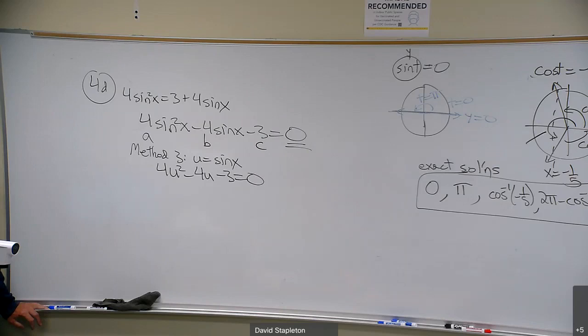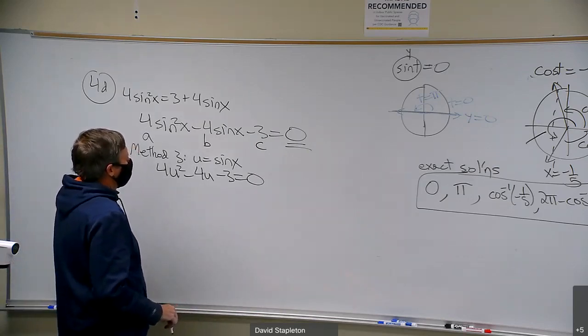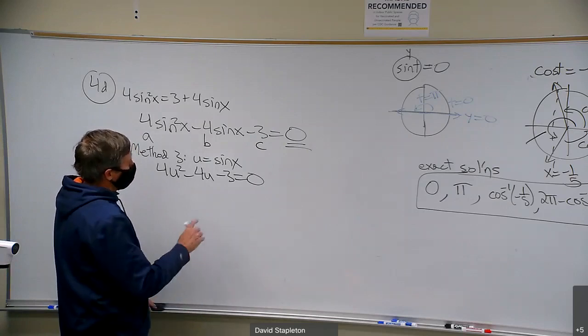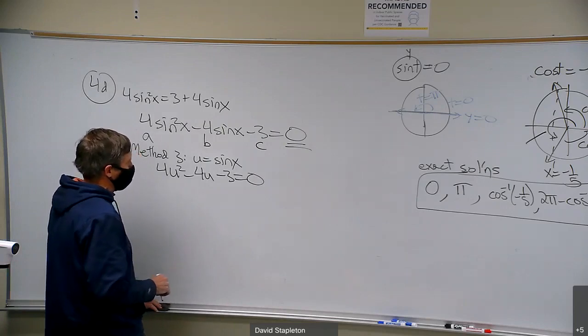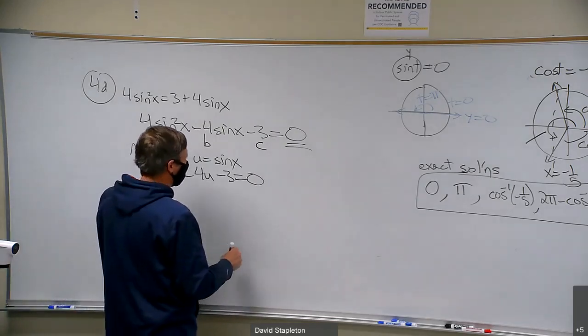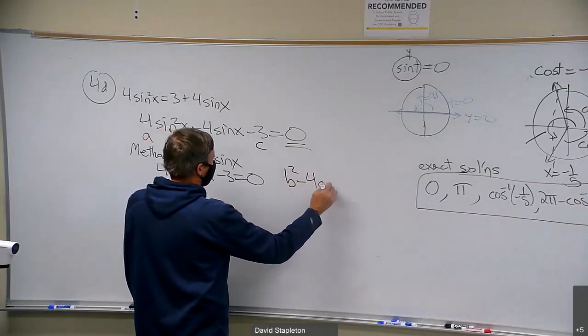This is tricky. Here's a hint that we haven't talked about before. When you want to guess what goes in the blanks, it has to be guessable. This can have terrible, complicated things that go in the blanks. If you're going to get whole numbers in the blanks, what you need is the discriminant b squared minus 4ac to be a perfect square.